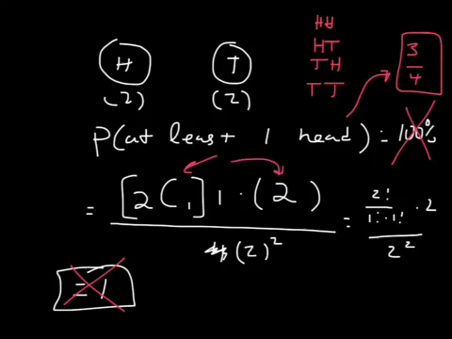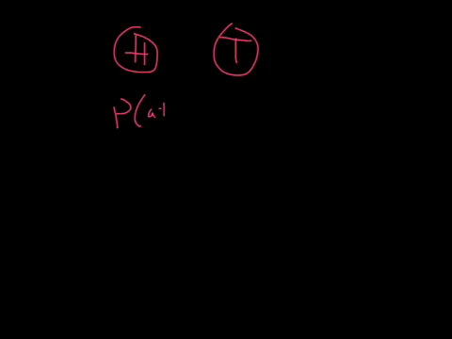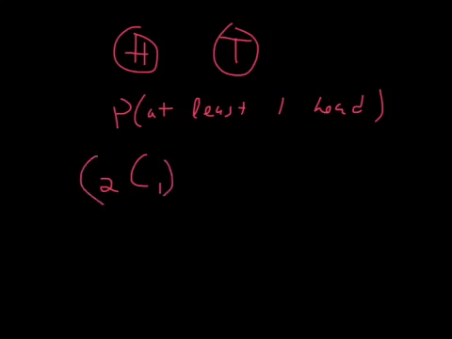Why? Well, let me see if I can explain this. With this idea of getting either heads or tails, and the probability of getting at least 1 head, if we say, okay, there are 2 coins, and I'm going to choose 1 head, and then there's 1 way to get that head, so I multiply that by 1.